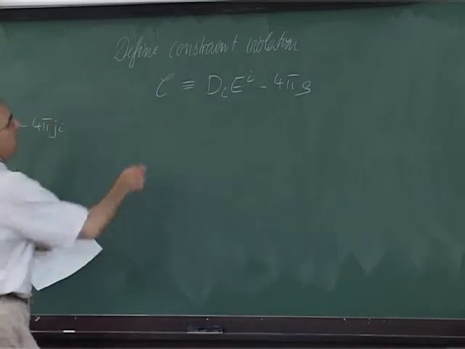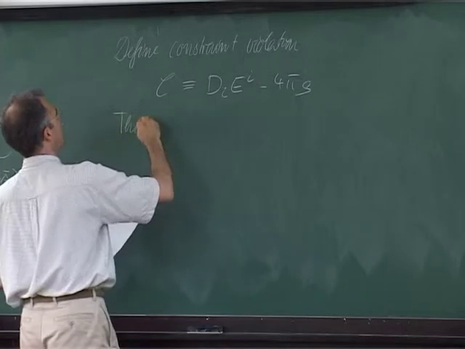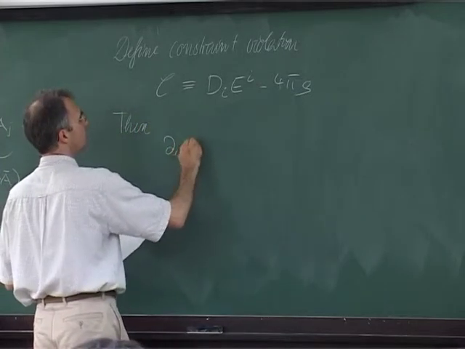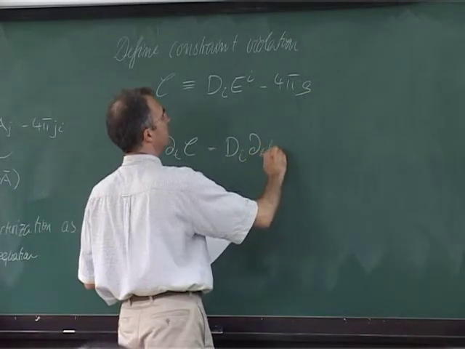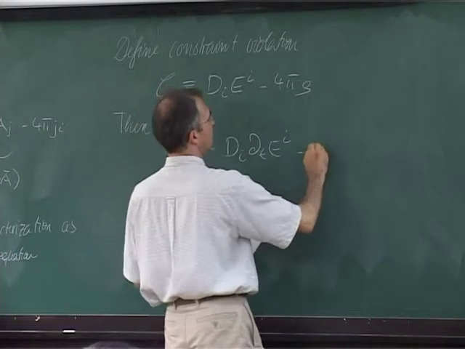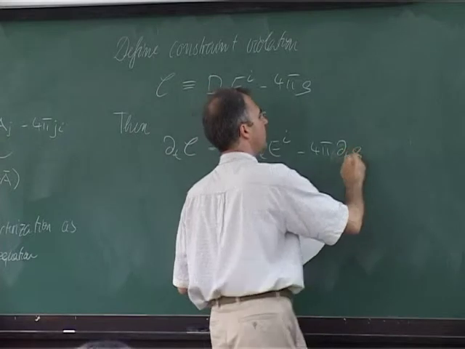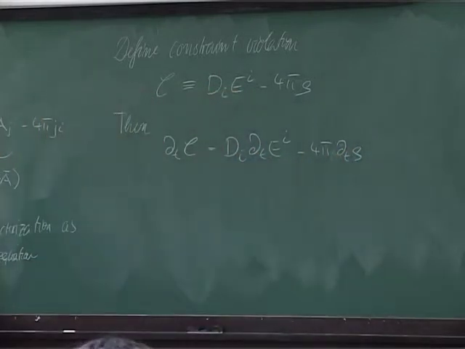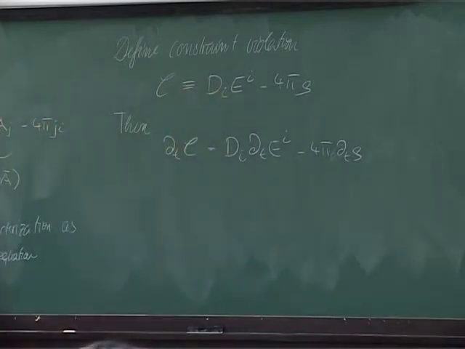Let's work out the time derivative of C, i.e., what happens should we have a non-zero constraint violation. So let me compute the time derivative partial t of C. Well, that is d_i times partial t of E^i minus 4 pi times partial t rho. I just commuted the partial derivative with the d_i, and that's what you get.